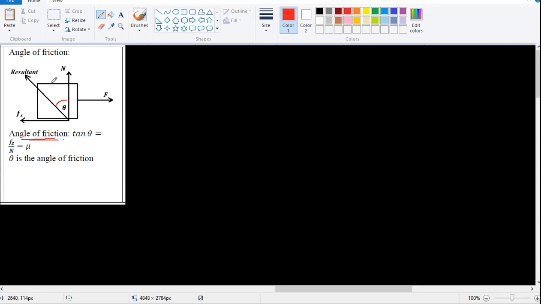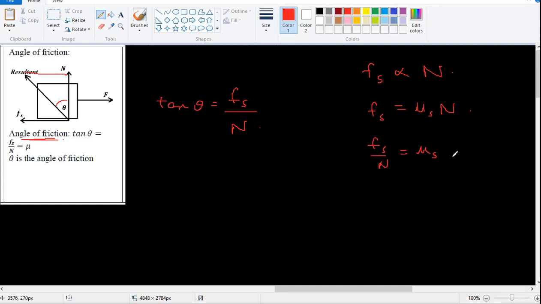So tan theta is equal to opposite by adjacent. What is opposite? You know that this and this are the same, so that means Fs by N. So tan theta is equal to Fs by N, because this is Fs, the static friction, and this is the normal reaction N. But we studied that Fs is proportional to the normal reaction, Fs is equal to mu s N. So Fs by N is nothing but mu s.